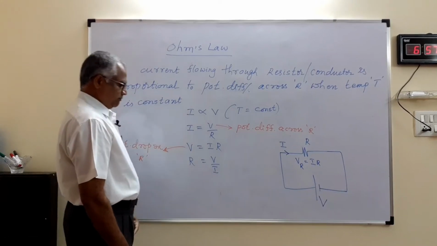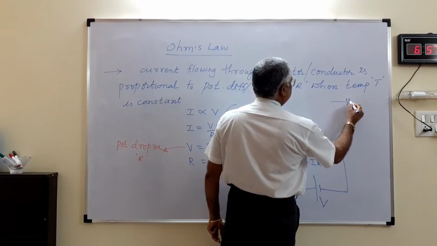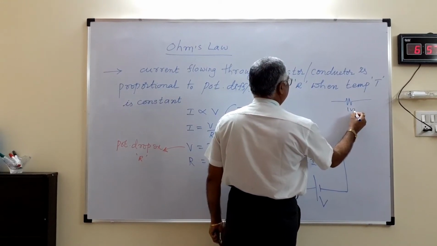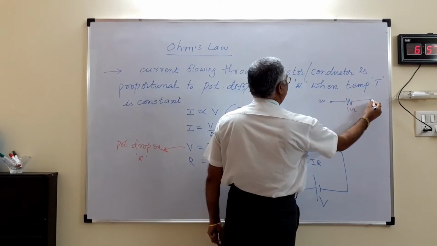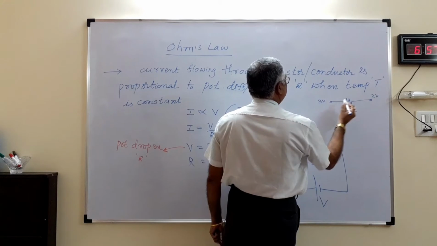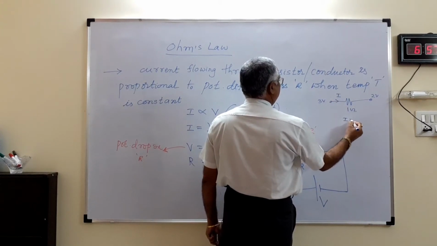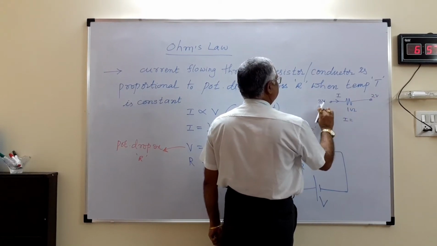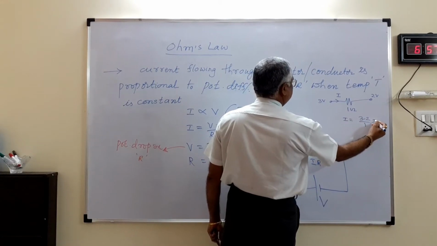I will give another example. What is the meaning of difference? Take a resistance of 1 ohm. I applied a voltage of 3 here and 2 volts here. Then how much current will flow? This I is equal to not 3 by 1, not 2 by 1, it is 3 minus 2 by 1, which is equal to 1 ampere.